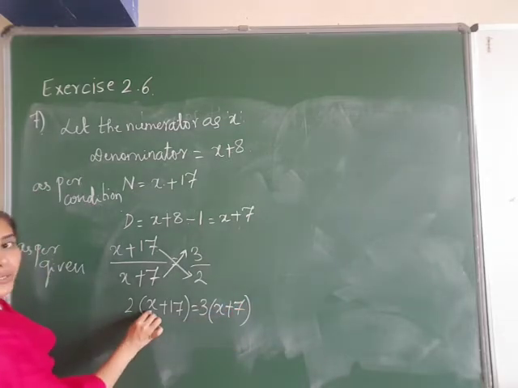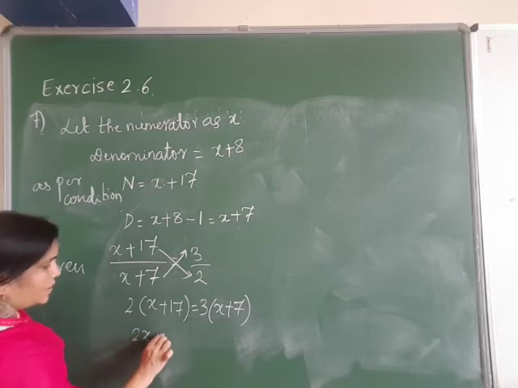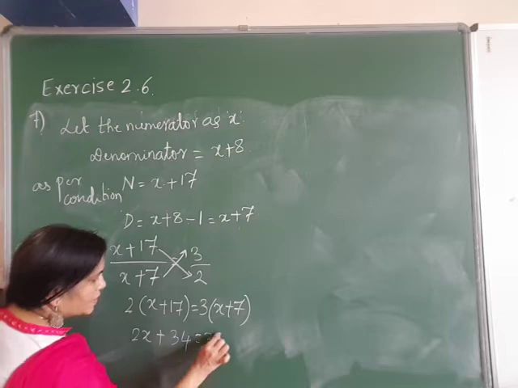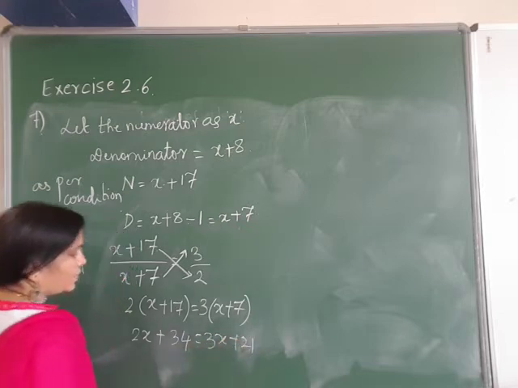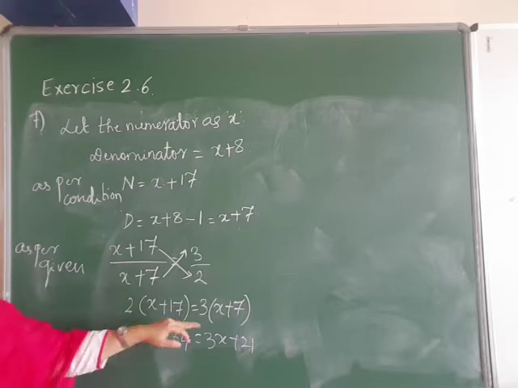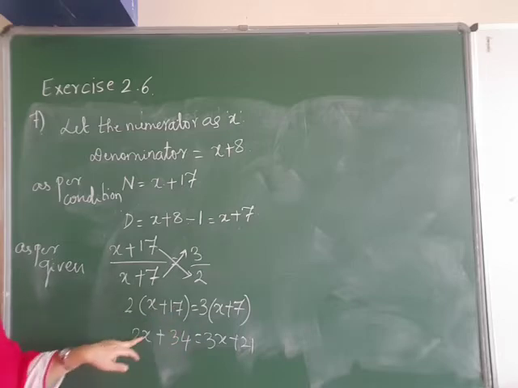Now 2 into x is 2x, 17 2s are 34, 3 into x is 3x plus 21. Now you have multiplied them, so cancel the brackets.